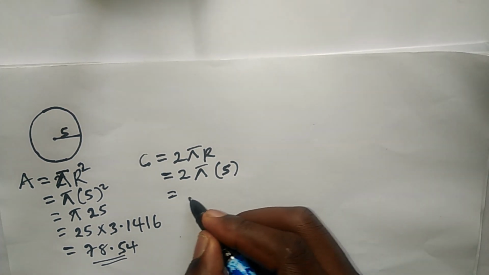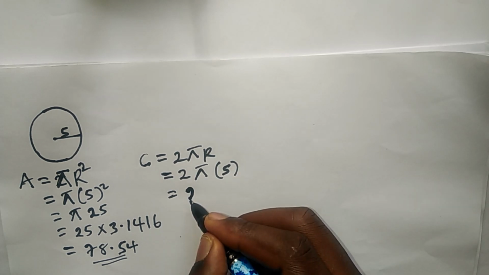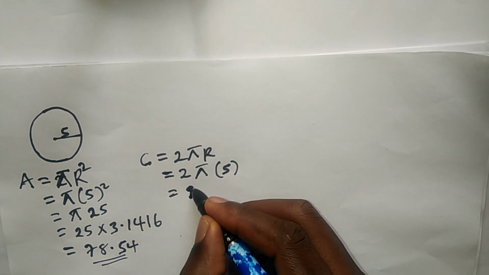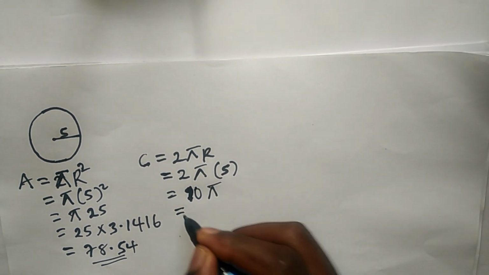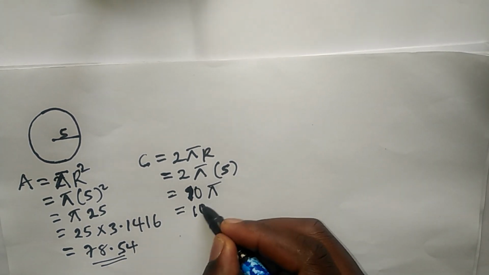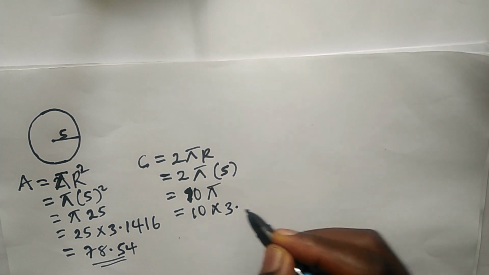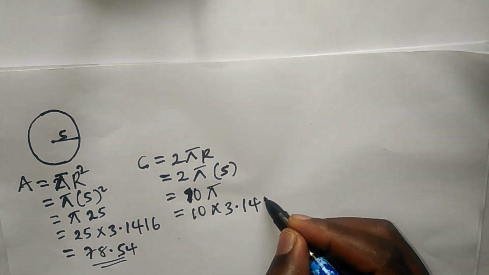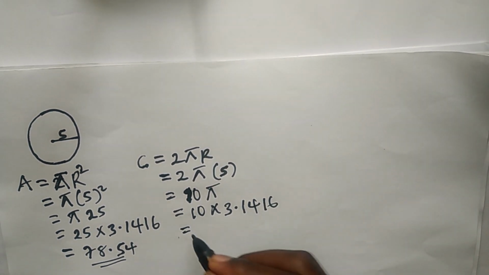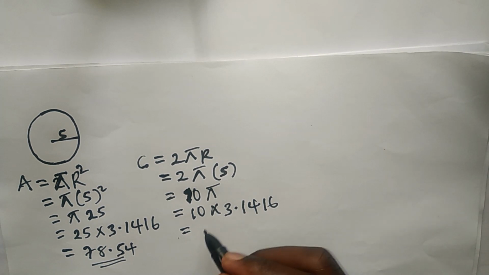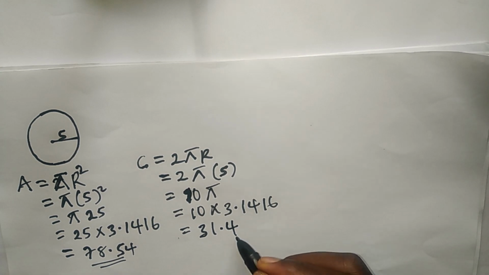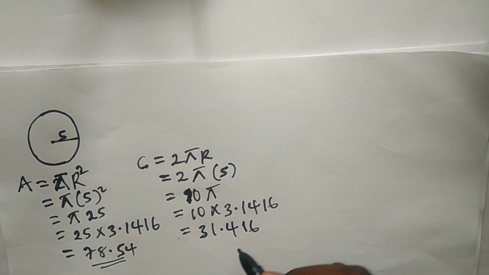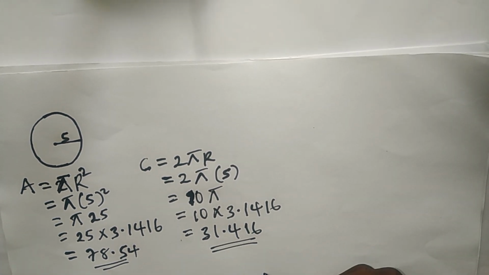So we have 2 times 5 is 10, so we have 10 pi. Next, we have 10 multiplied by 3.1416. Therefore, what we have will be 31.416.